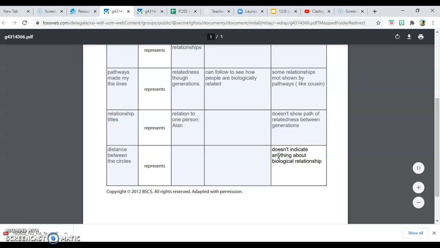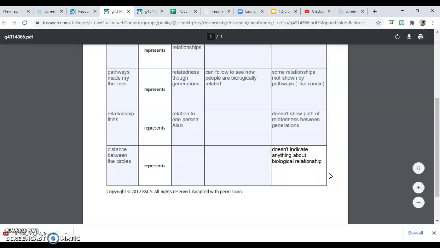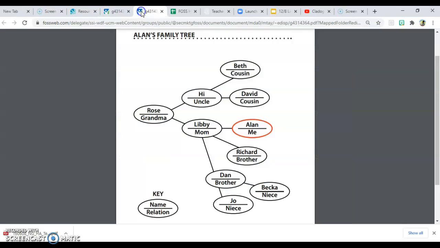Okay, so for instance, cousins could be as close as brothers, but we wouldn't even know that, because of the lines. The lines make it look like the cousins are very close, but we don't know that for sure. So that's an example. Cousins could be as close as brothers. So let's see a visual of this.